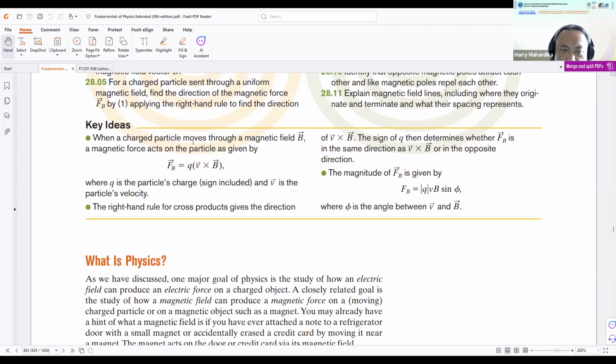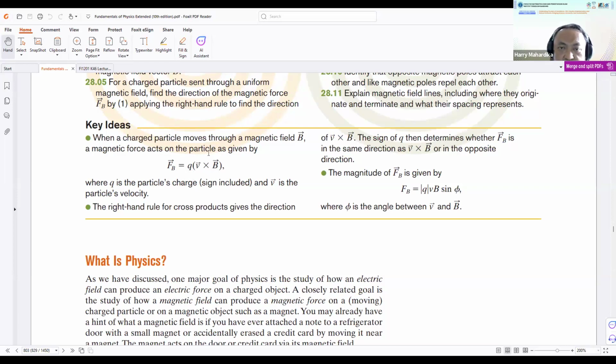Okay, so when a charged particle moves through a magnetic field B, a magnetic force will be produced that acts on the particle, and the behavior follows this equation. As we learn later, it becomes the Lorentz force equation, where F is the magnetic force produced when a moving charged particle interacts with an external magnetic field.